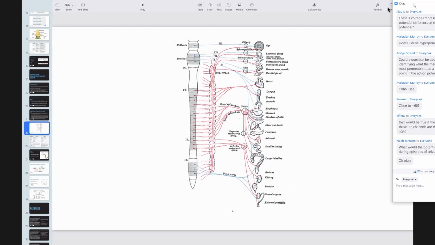Let's see. So cranial nerves are nerves that go from the spinal to the organs. No, so cranial nerves, there are specific nerves, there's 12 of them, that go straight to the brain. There's the, oh God, I forgot them all. There's the vagus nerve, hypoglossal nerve, all these guys that have their very specific functions.